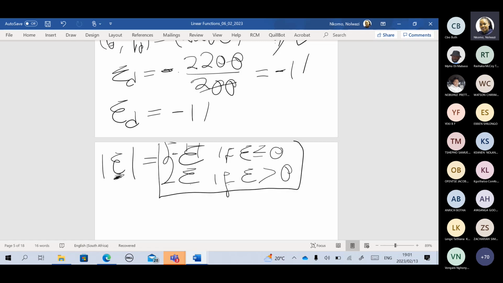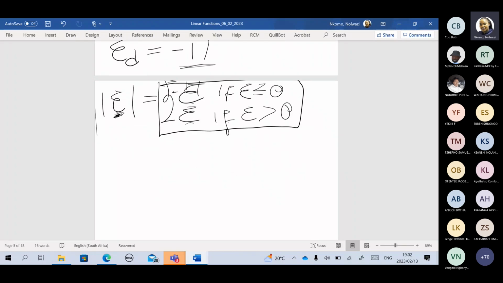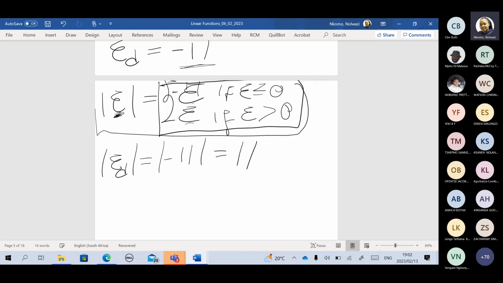These two, if we take the absolute value, will always come back positive, right? We obtained an elasticity of demand as minus 11. So the absolute value of the elasticity of demand is the absolute value of minus 11, which is 11, right?